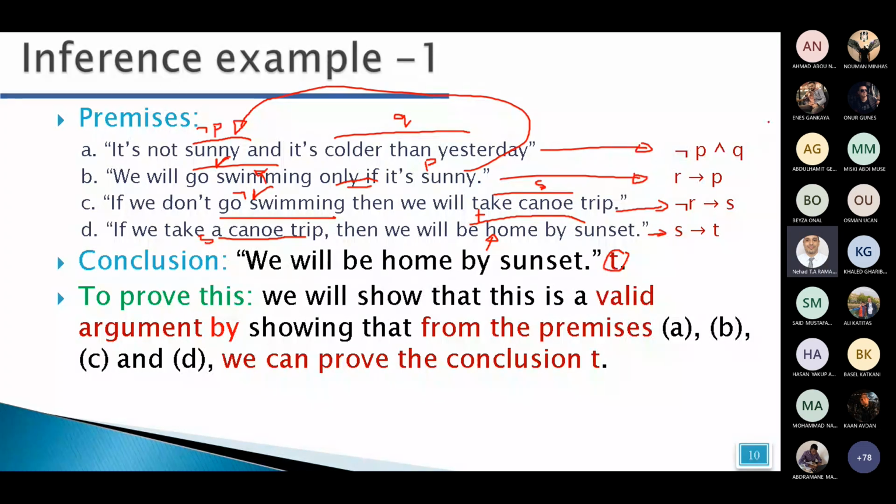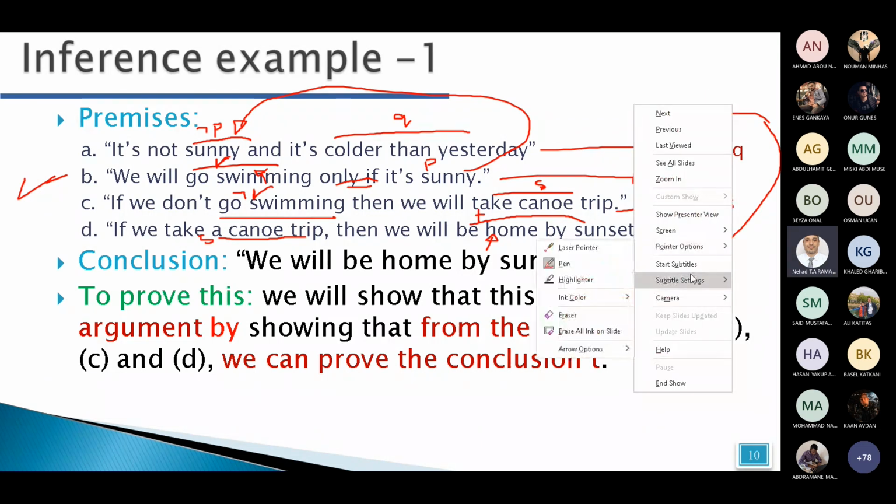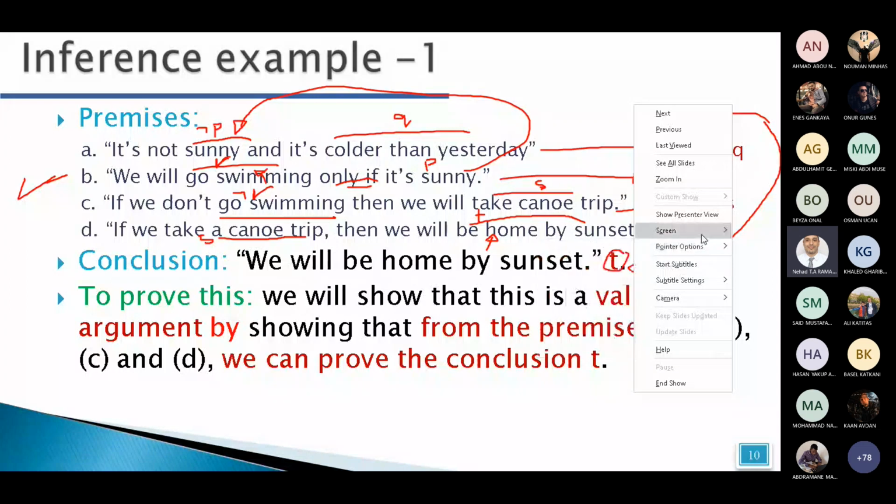We have to use these premises to get the conclusion T. If we use all these premises to get the conclusion T, then this argument is a valid argument. Let's use A, B, C, D and see if we can get T. But let's plan first.